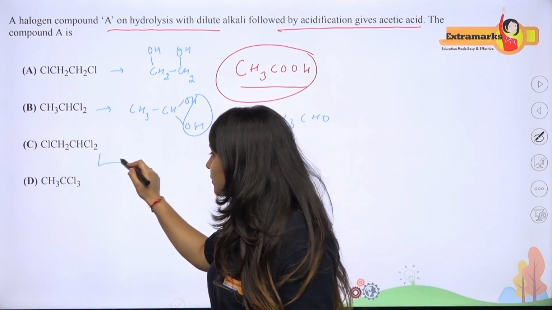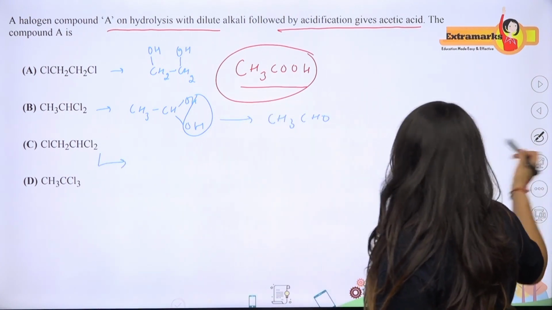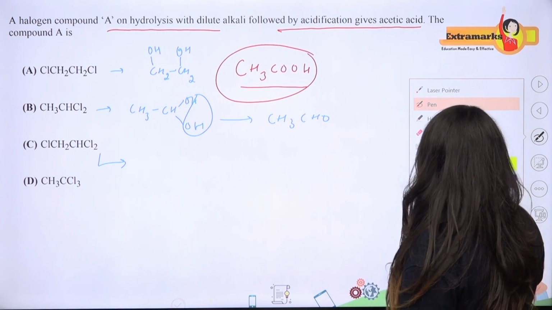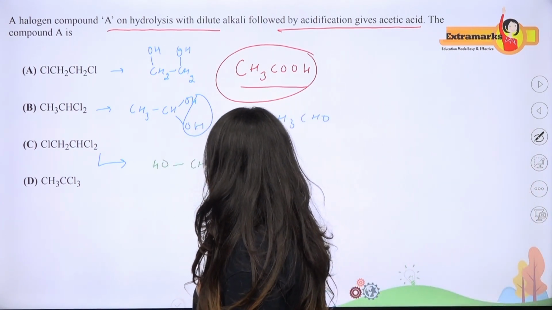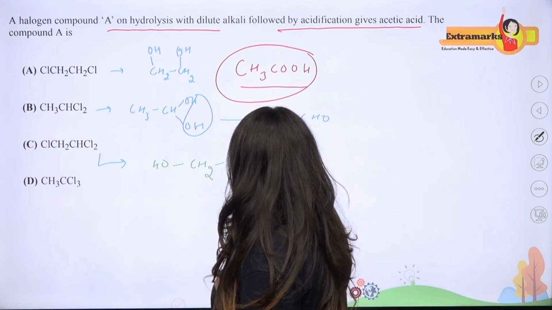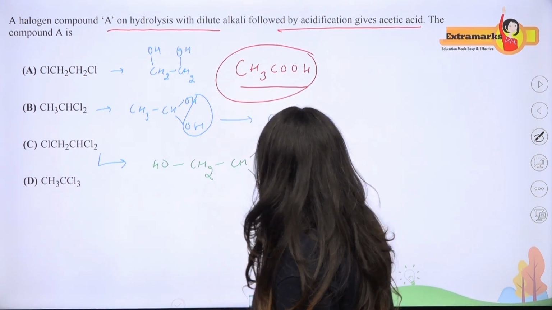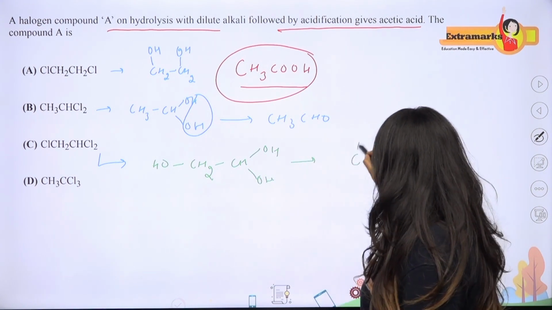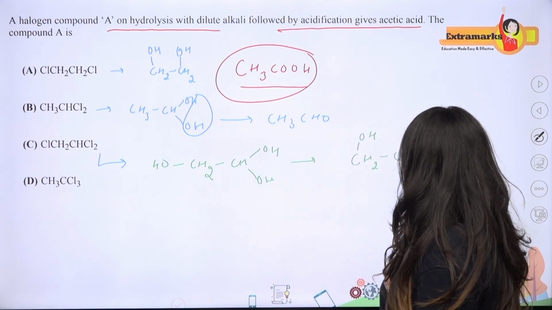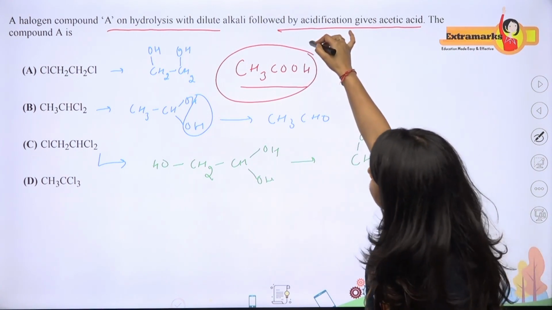Coming to another option, the product will be this one. Please focus here. There will be OH, then CH2, then CHOH. The product will be CH2OH and CHO. Again, it is not matching.